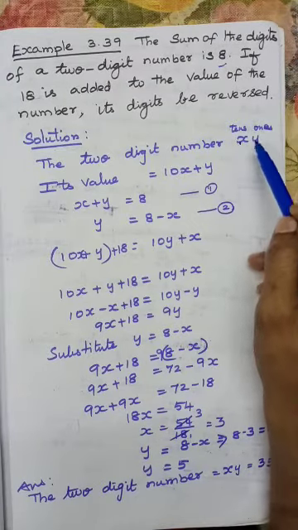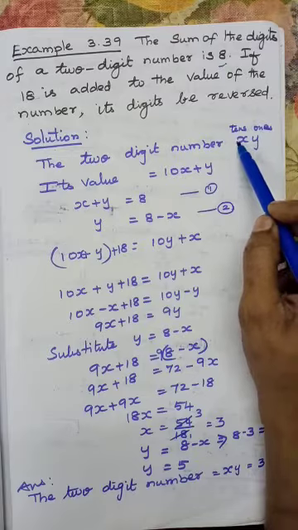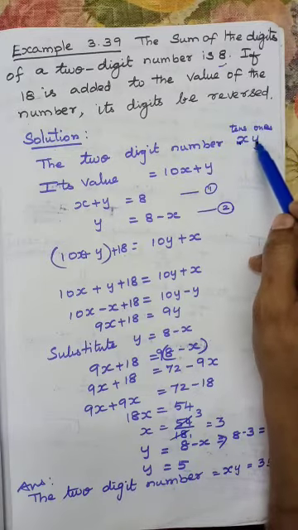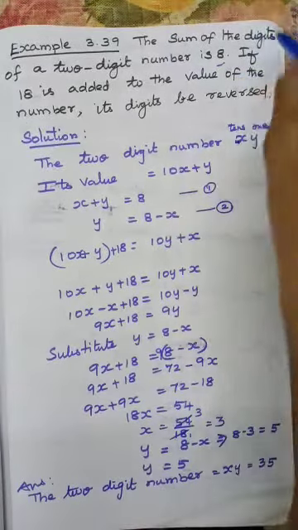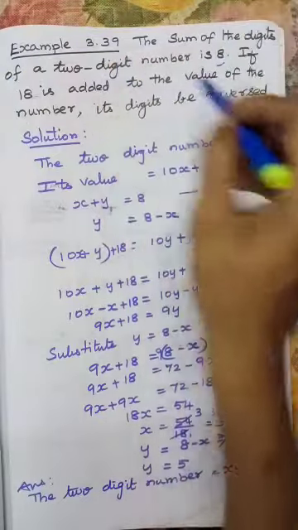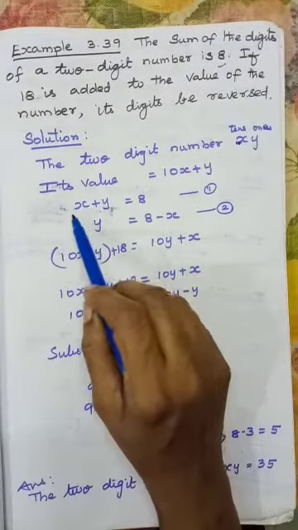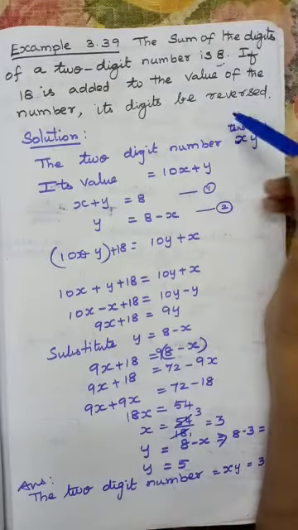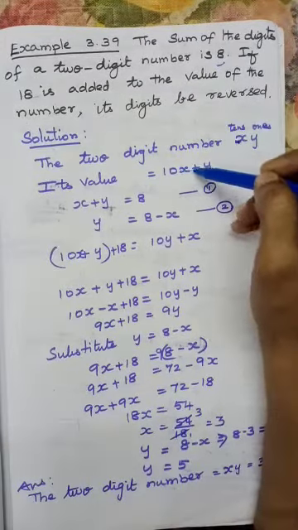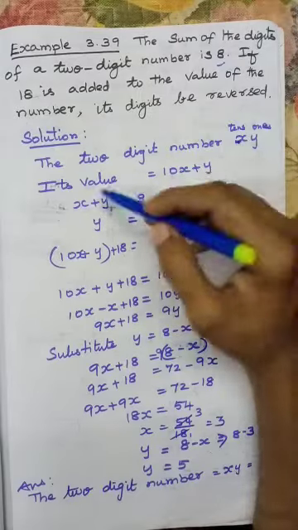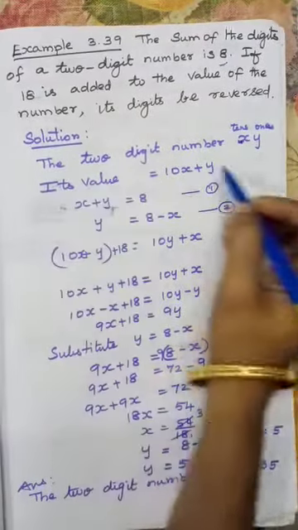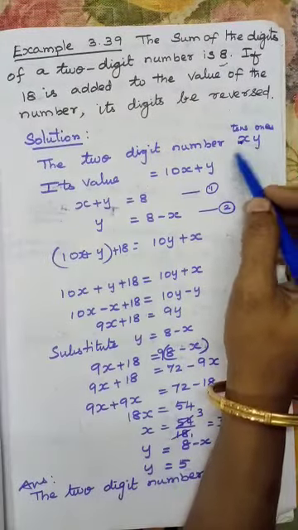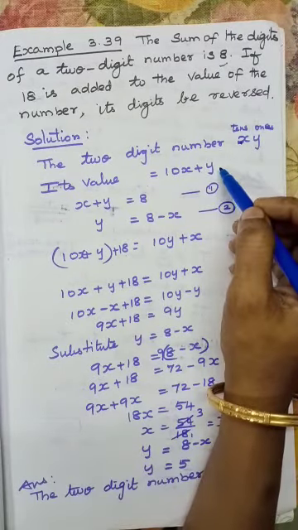Okay. Then we shall take x as tens place and y as ones place. Now the sum of the digits of the 2-digit number is 8, so x plus y is equal to 8. The expanded value of the 2-digit number is 10x plus y.